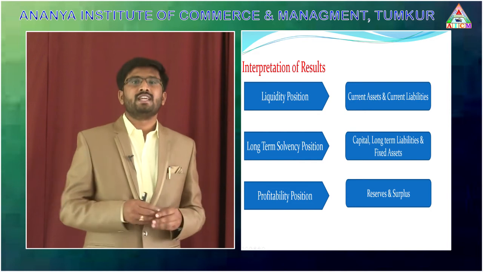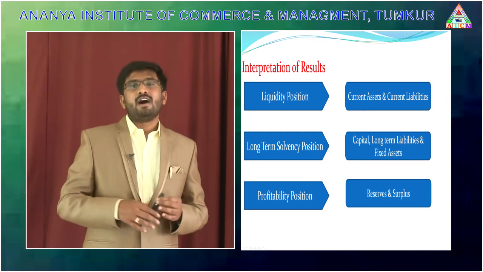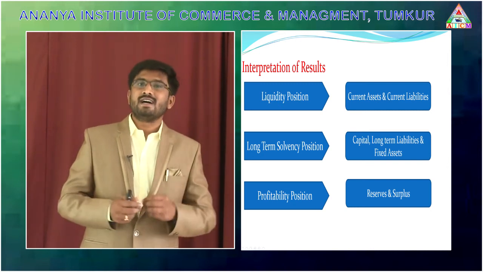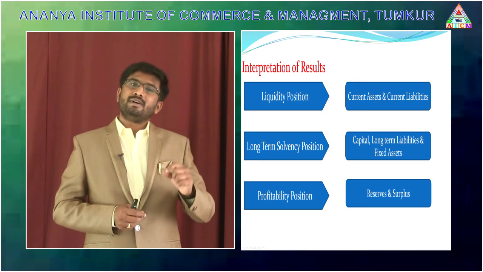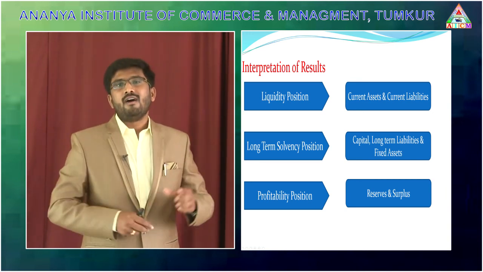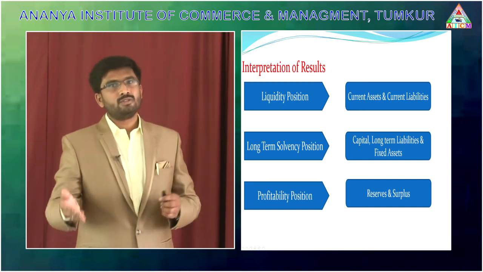Surplus means the retained amount after declaring the dividends and reserves. Comparing the surplus from the previous to the current year will give an idea of how much the profitability position has increased from the previous year to this year.